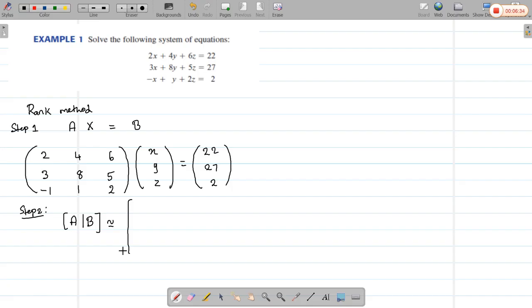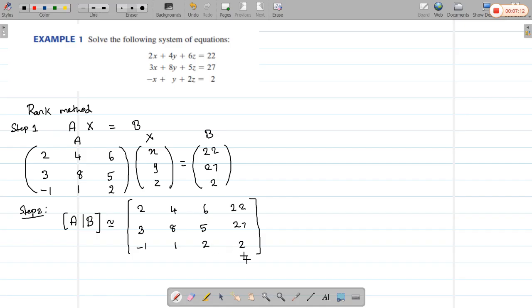We combine A with B. This is your matrix A, this is the matrix X, and this is the matrix B. Matrix A is 2, 4, 6, 3, 8, 5, minus 1, 1, 2. I combine it with the matrix B, which is 22, 27, 2. This matrix we call the augmented matrix A with B.